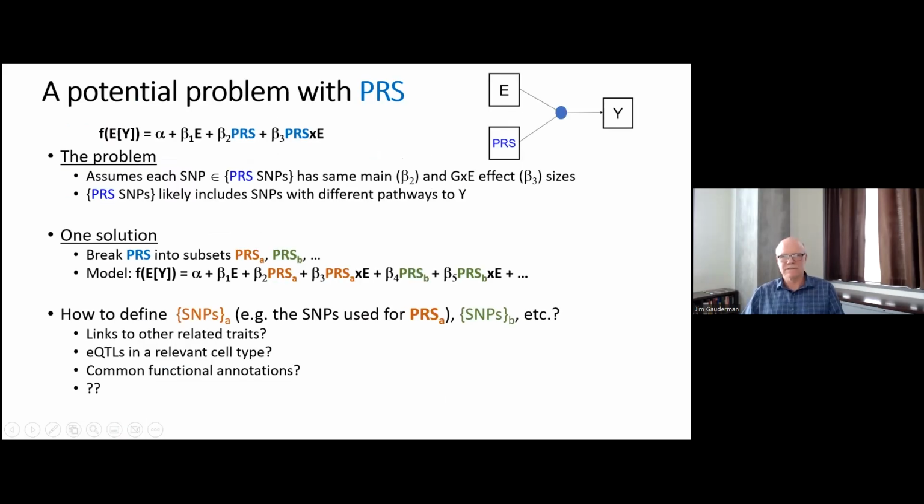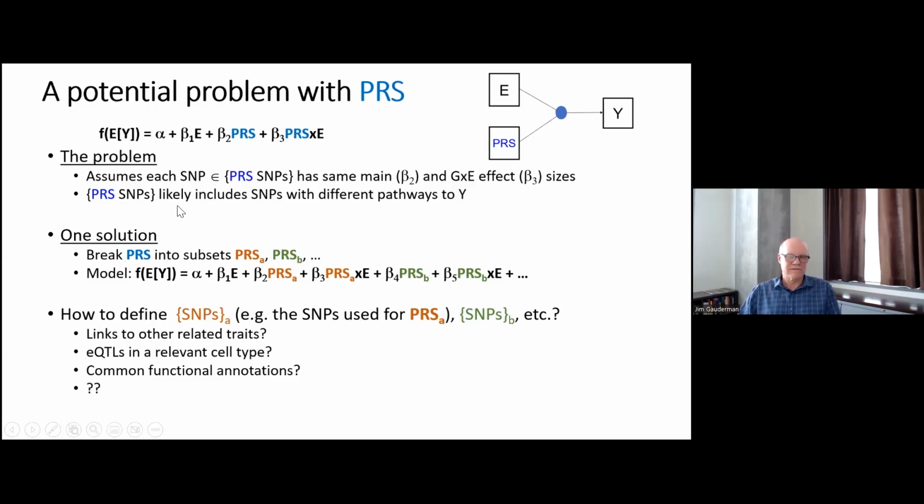And the problem that we see, if you just go back to how you lay out the model here, is that you're boiling perhaps tens or hundreds of SNPs down to one measure. And so when you are estimating the main effect and the interaction, you're assuming that you have the same main and interaction effect across all of the SNPs that are in that PRS.